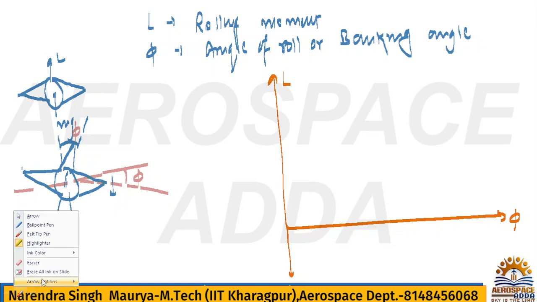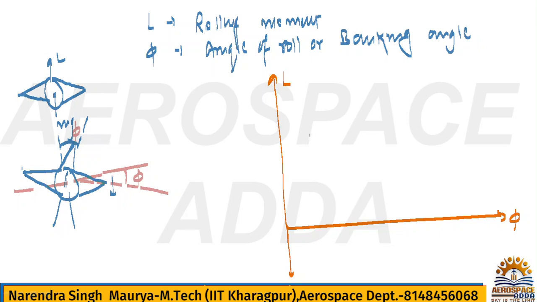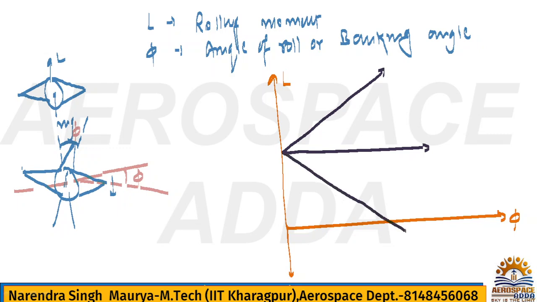Okay, so we can have three conditions: neutral, positive slope, and negative slope.